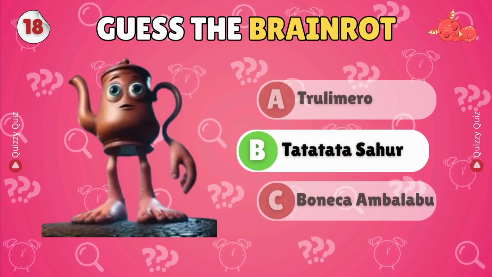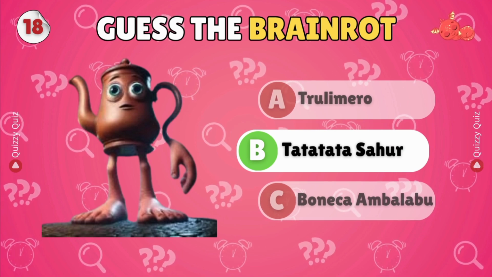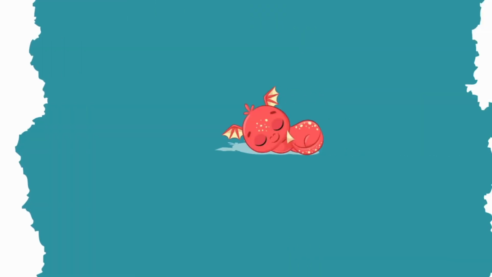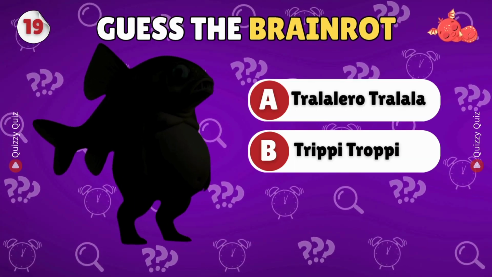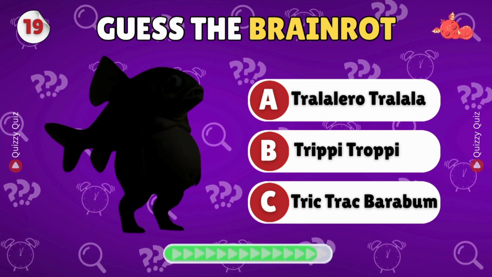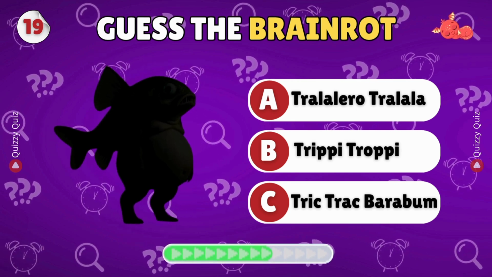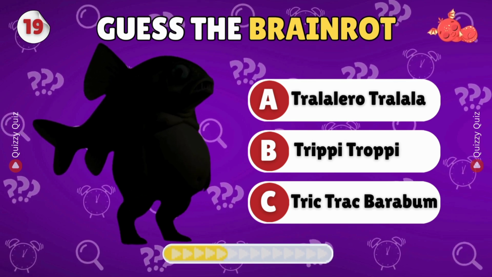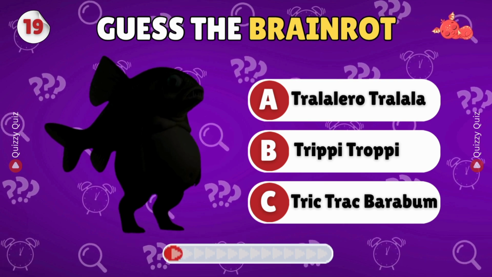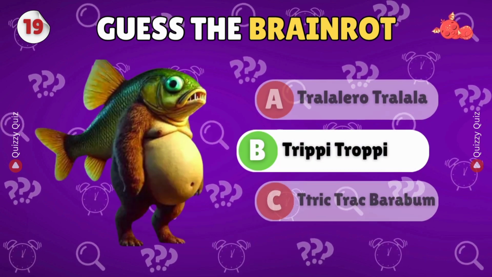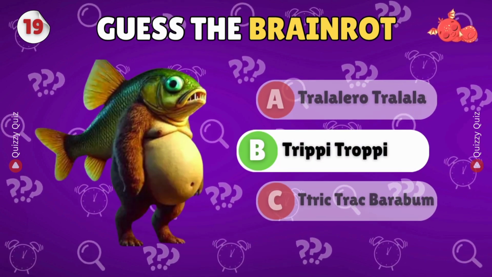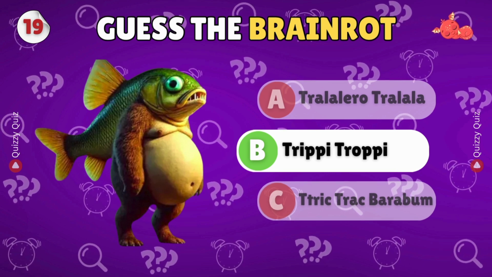It's option B. Ta ta ta ta ta sahur. Can you name this Italian brainrot? Yes, it's option B. Tripa Tropa.